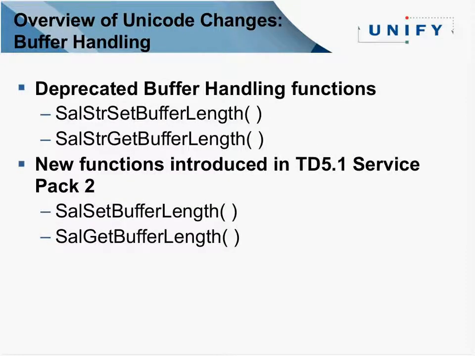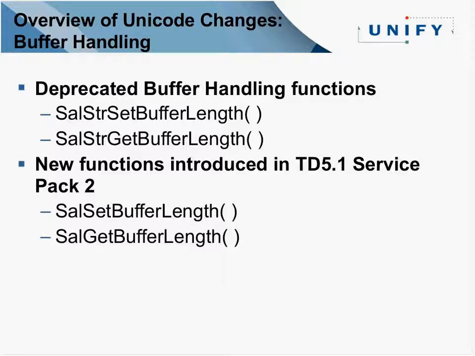And I'm almost done. I think this is the last step on my overview of Unicode changes, and it's related to buffer handling. There are two functions related to buffer handling that existed in previous versions of TD. Those were called SalStringSetBufferLength and SalStringGetBufferLength.